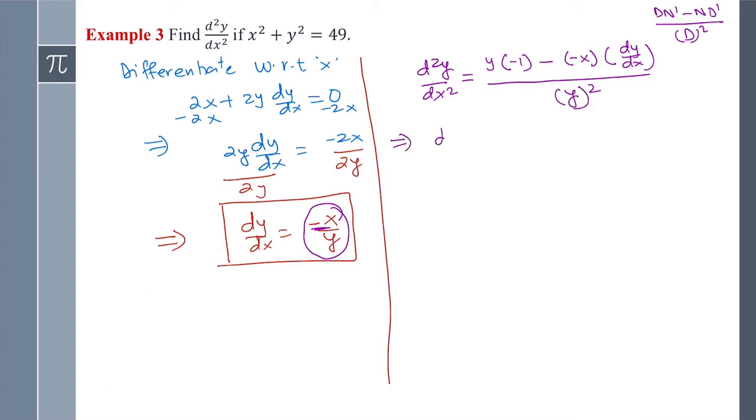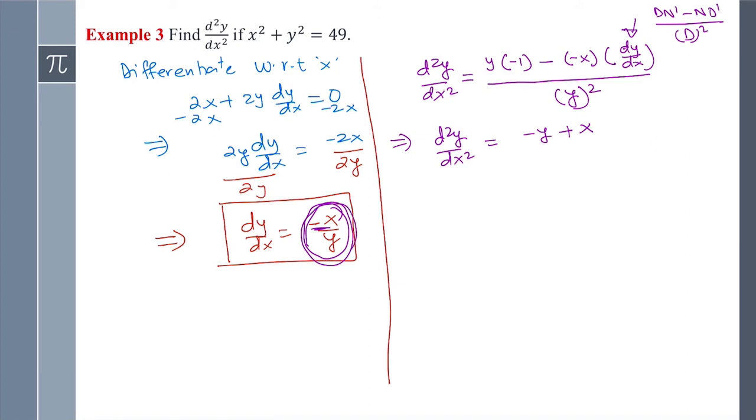So now we get d2y/dx2 equals negative y plus x times. Now, instead of putting dy/dx, since we are finding the second derivative, we don't want the first derivative right here. We have dy/dx equals negative x over y, so we'll make that substitution.